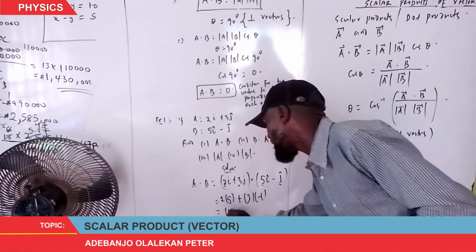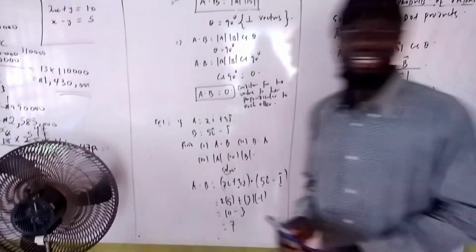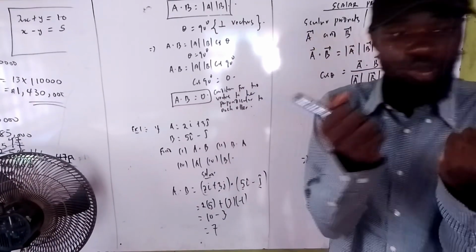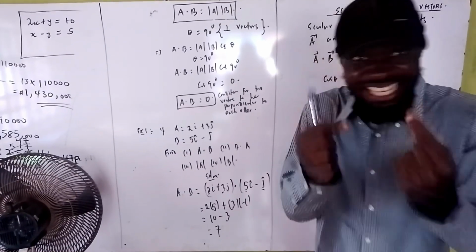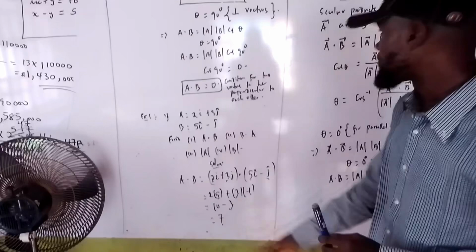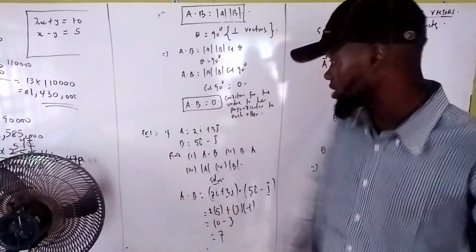So this will give 10 minus 3. Answer is 7. Meaning that scalar product must give you a scalar. When you dot two vectors together, you get a single number. That is a scalar. So if you find A dot B, you get 7. If you find B dot A, you will most likely get the same result.